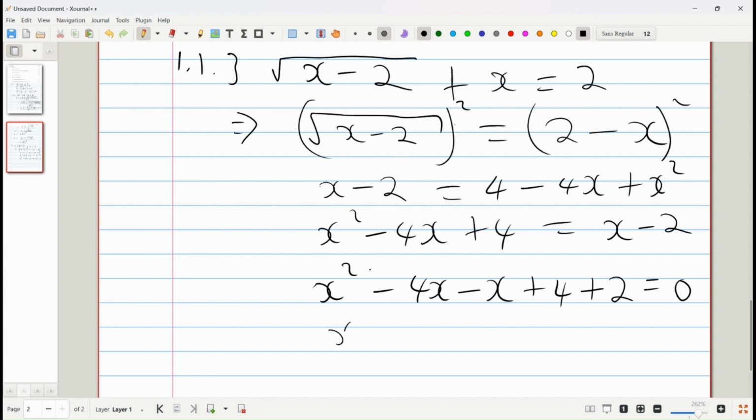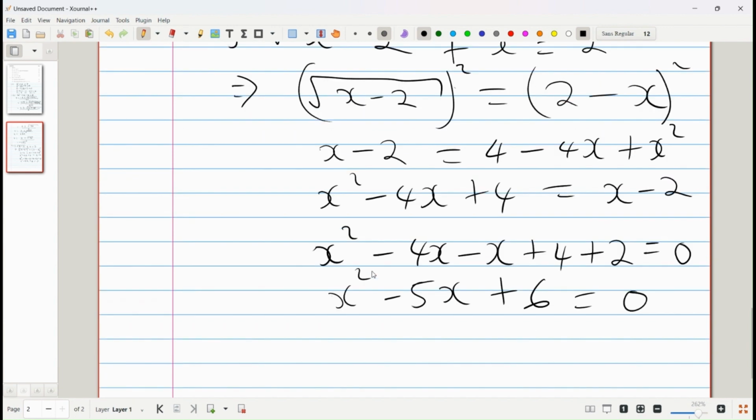And now you'll have x squared minus 5x plus 6 equals to 0. So the next step here is to find the factors for x squared and positive 6, such that when you add or minus their product, it gives you negative 5x.